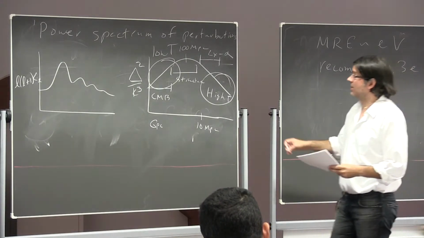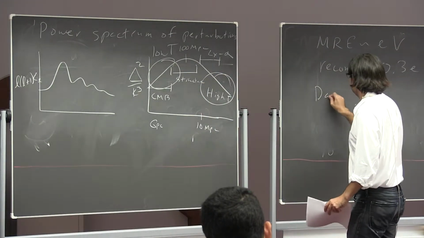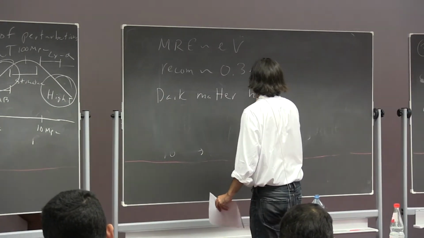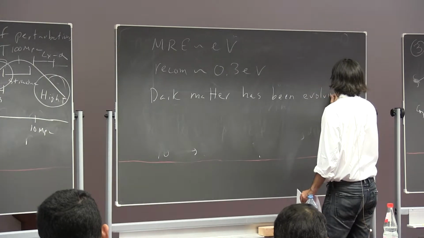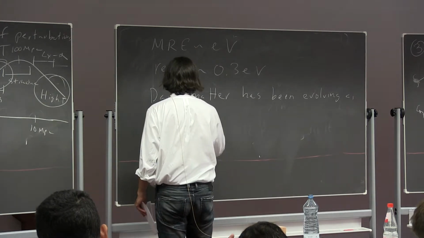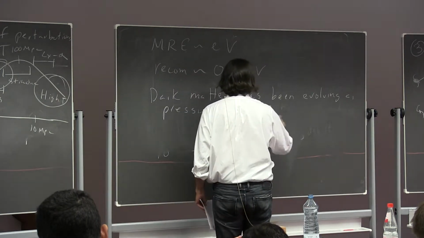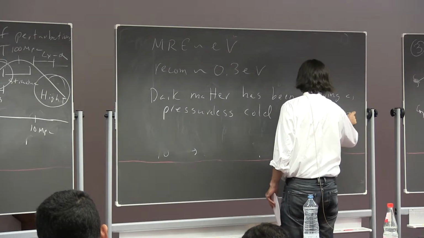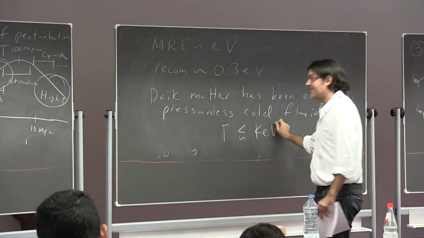So the lesson from all of this is that dark matter has been evolving as a pressureless cold fluid from temperatures of about a keV and below.